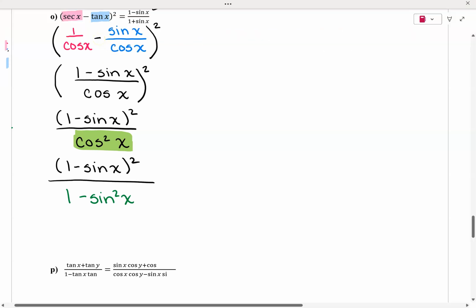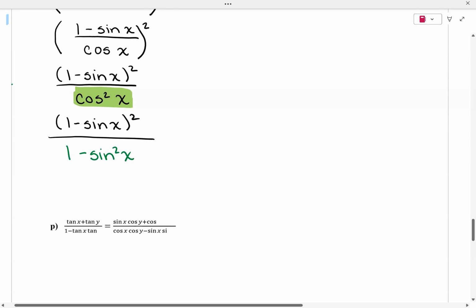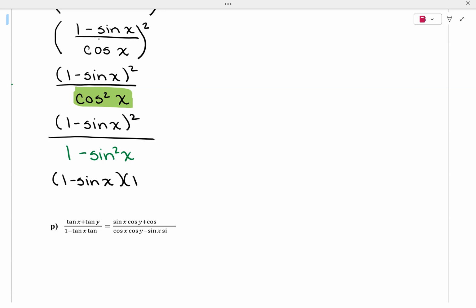Okay, so now we're just going to do some algebra. So we're going to write this one twice because that's what a squared means. Oops, didn't write my 2. All over, and again, this is a difference of squares.